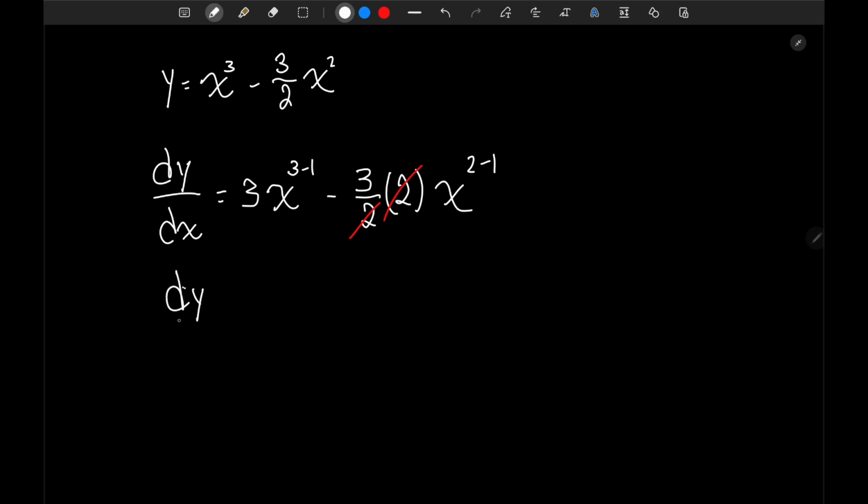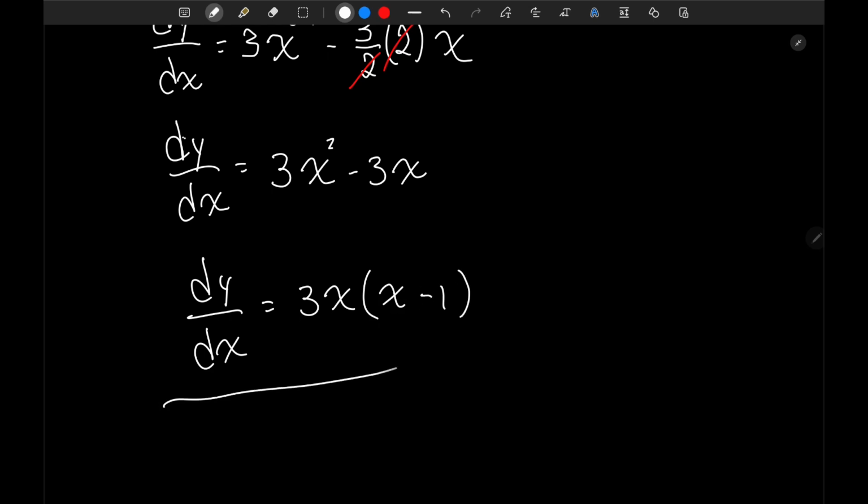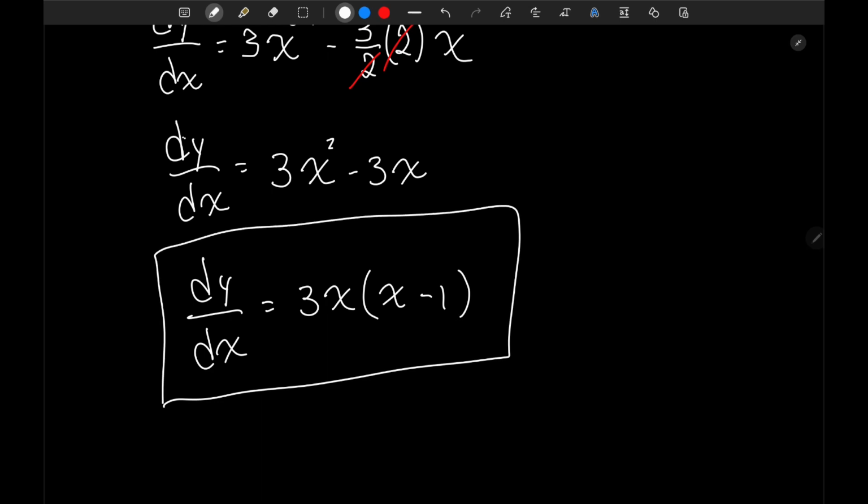Then we are left with dy dx is equal to 3x squared minus 3x. And if we wish, we can factor this out to simplify. dy dx is equal to 3x times x minus 1. There we have our final answer, but both of these should be sufficient.